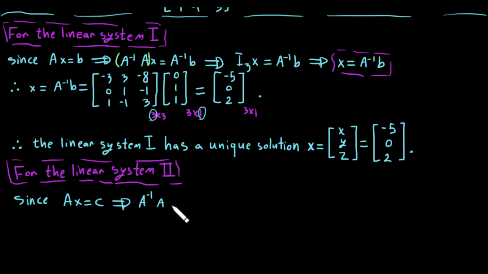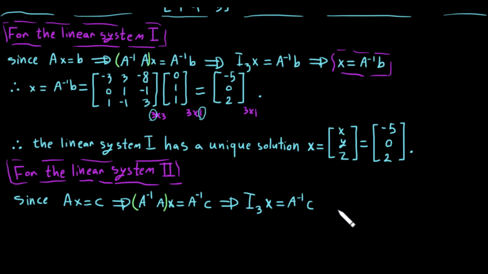A inverse multiplied by AX equals A inverse multiplied by C. The same as we did before, A inverse times A simplifies to the identity, so we get the identity of size 3 by 3 times X. The X has to be in bold, because X, Y, Z represents the solution, equals A inverse multiplied by C.